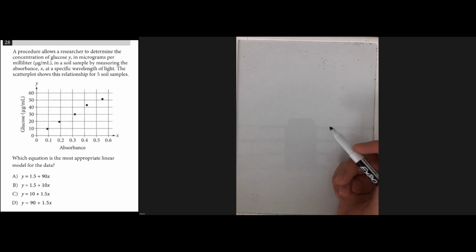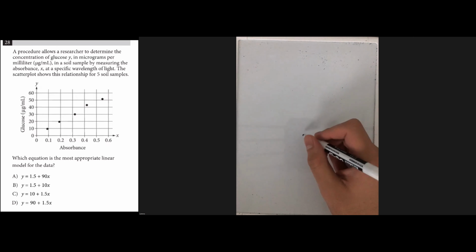At 0.1, the glucose is about 10. So that means that for the y-intercept, at 0, it's probably going to be a lot less than 10. So it can either be answer choice A or B. Answer choice C and D have y-intercepts that are too high for this line to be possible.